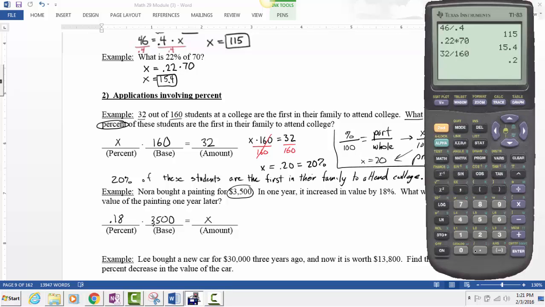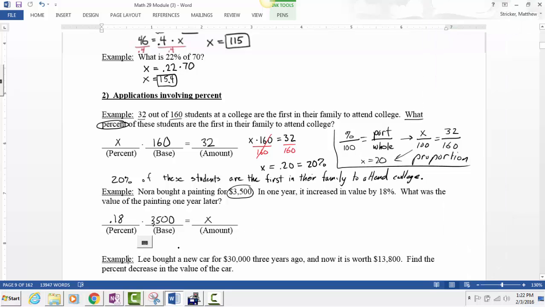So let's do that in our calculator. We have 0.18 times 3,500. That's 630. So we end up getting here that X is equal to 630, and that was the amount of increase. So let's ask ourselves if we've actually answered the question, because it says in 1 year it increased by 18%.